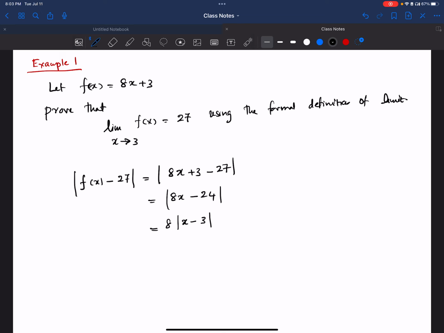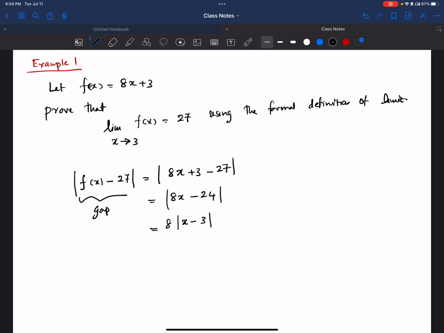And if we can find something like that, then the limit exists, right? So this is our size of the gap. And when x goes to 3, that gap gets closer and closer, right?